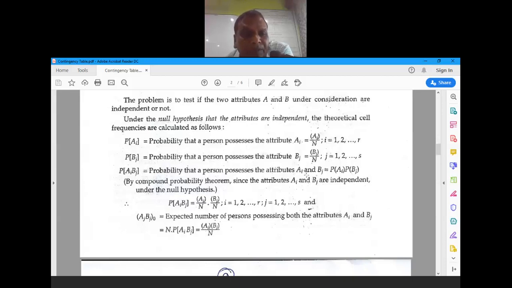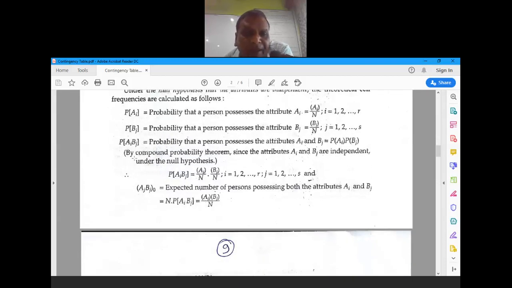And remember it, the probability of Ai Bj, that is the probability that a person possesses the attributes Ai and Bj, is equal to the probability of Ai into the probability of Bj.